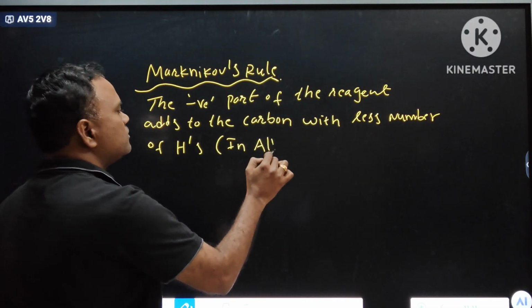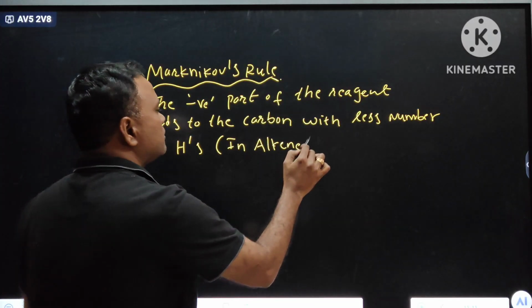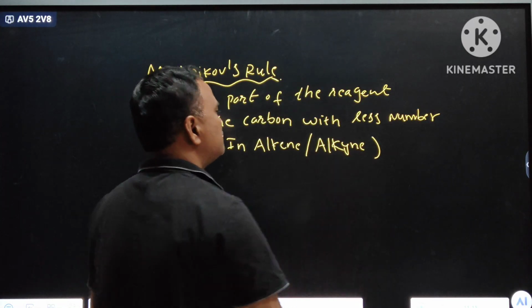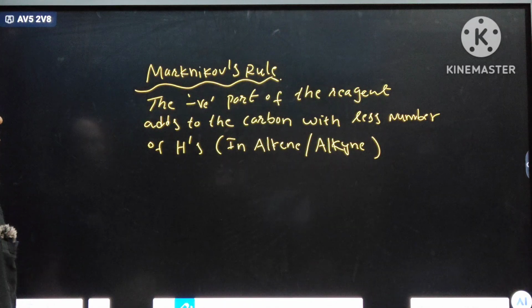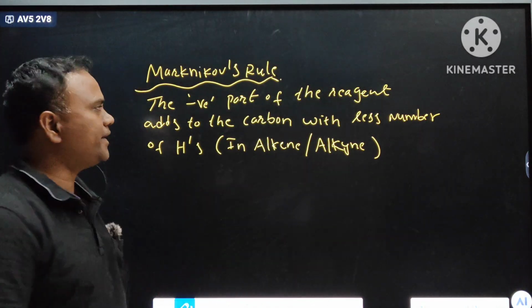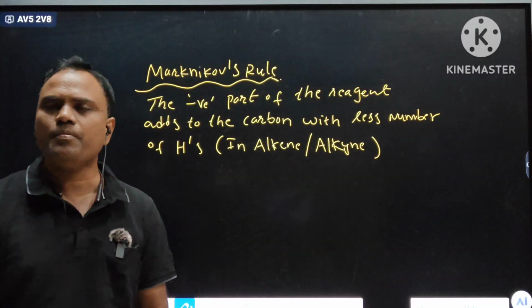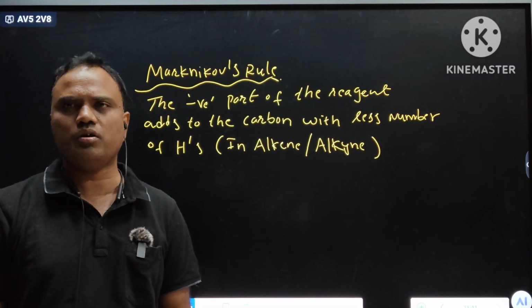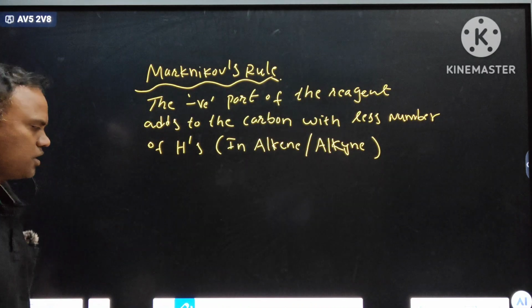In alkene or in alkyne, we can see this type of addition mostly. Clear? The negative part of the reagent or addendum adds to the carbon with less number of hydrogens. This is Markovnikov's rule. Right, let us start.